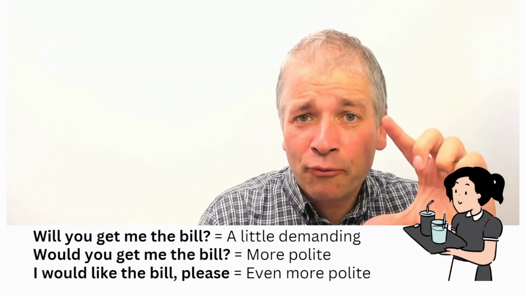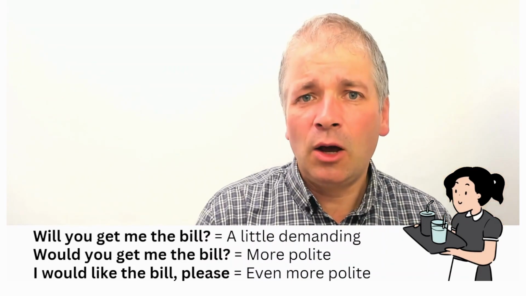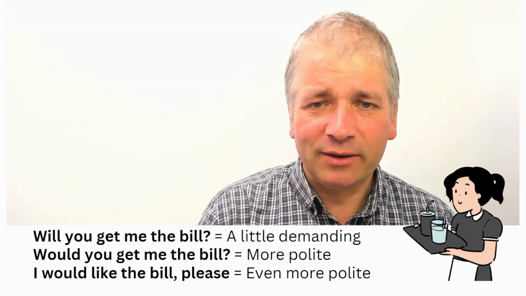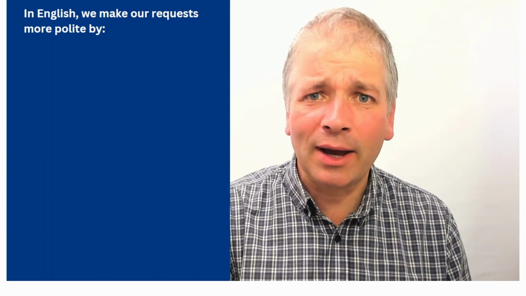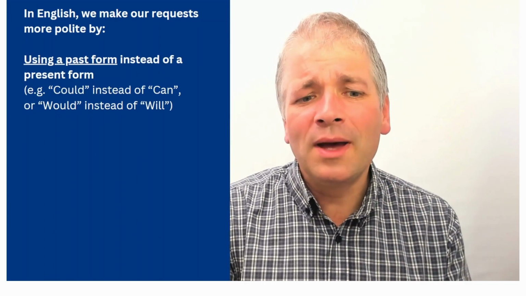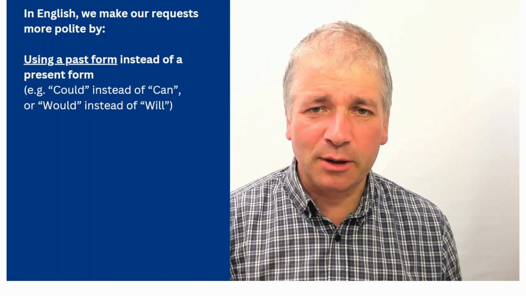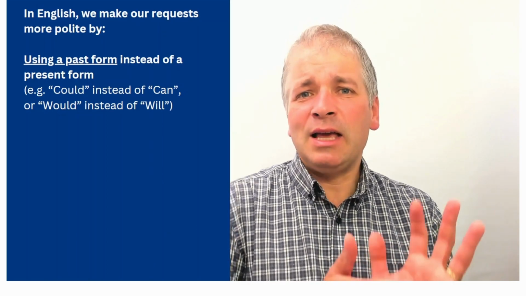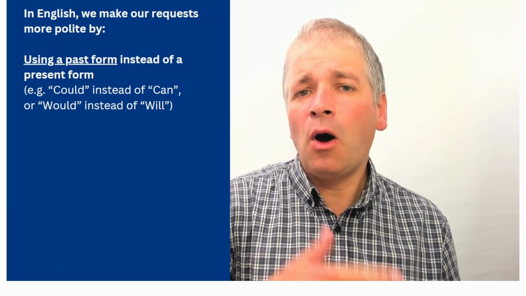Now, there are some principles that you can learn that easily explain why this is more polite. In English, we make our requests more polite by using a past form instead of a present form. For instance, could is a past form of can. Would is a past form of will.